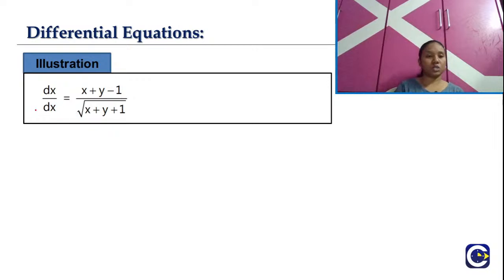The given differential equation is dy by dx is equal to x plus y minus 1 divided by square root of x plus y plus 1.